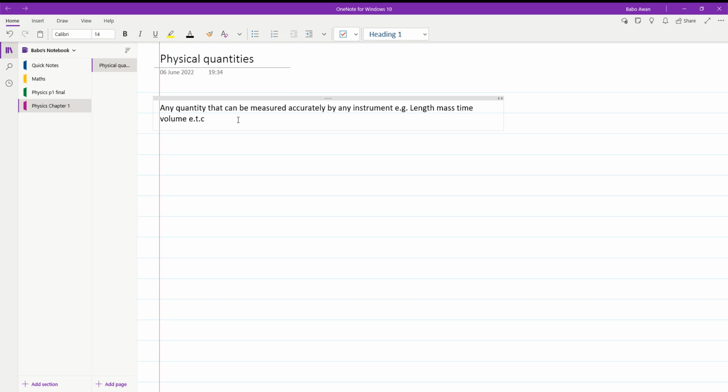So basically, this is the definition for physical quantities.